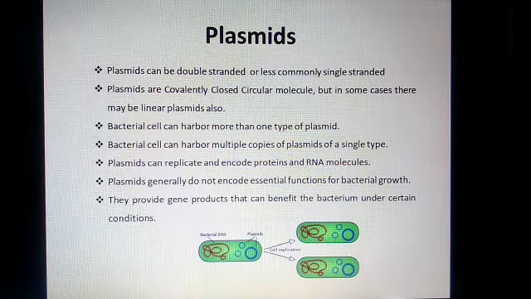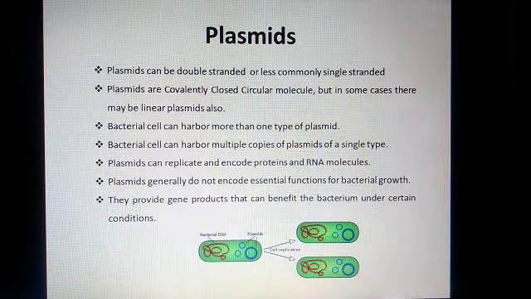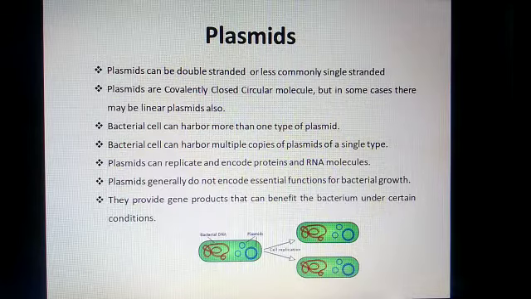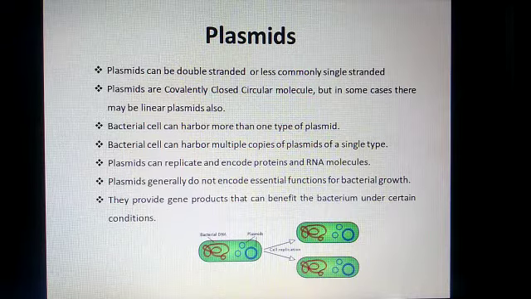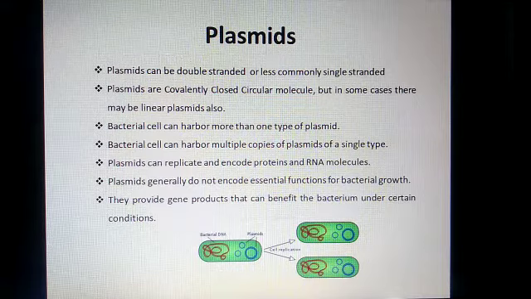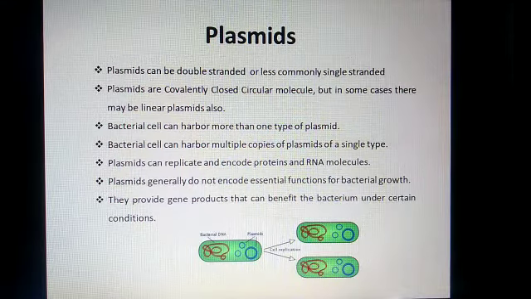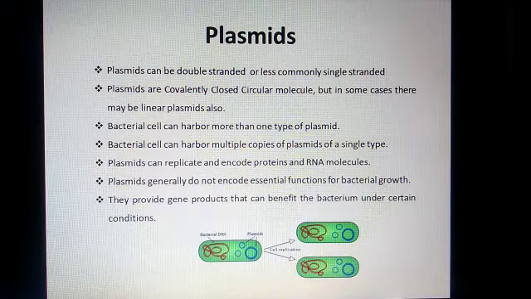Like chromosomes, plasmids encode proteins and RNA molecules and replicate as the cell grows, and the replicated copies are usually distributed into each daughter cell when the cell divides. However, unlike chromosomes, plasmids generally do not encode functions essential to bacterial growth.